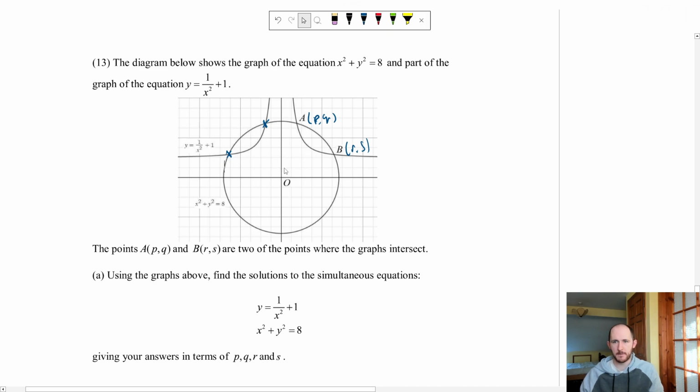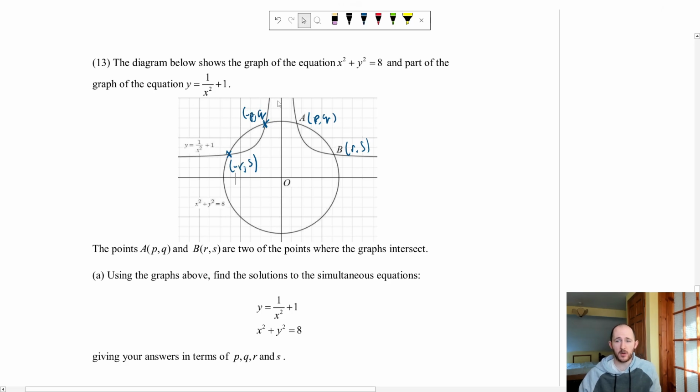So what does this mean? It means that the y values are going to be exactly the same, of course. So I can fill in those y values straight away. And something, comma s. But what does it mean about the x values? Well, because they're symmetrical, they're a mirror image, it means the x coordinate is the same, but with the opposite sign.